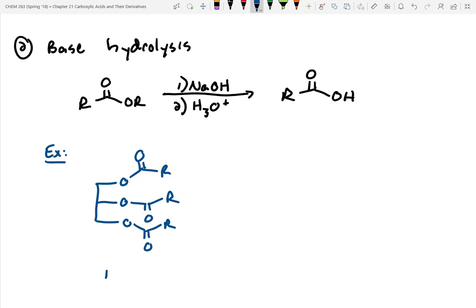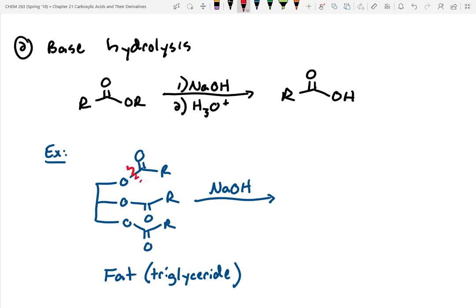This is fat. This is just a triglyceride. And if you take a fat and treat this with strong sodium hydroxide, you're going to pop off each of these esters, right? Like that.